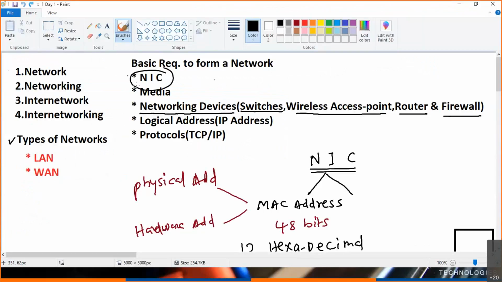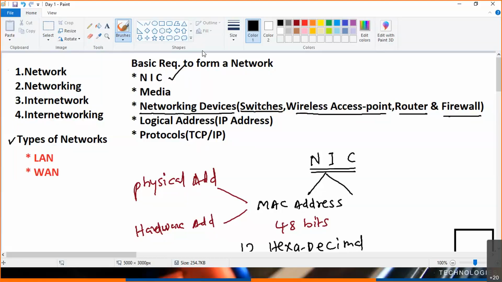In that, we have finished NIC and NIC types, media types, networking devices, and device function, like where we use switch and where we use access point, routers, and firewall. A NIC is an interface card to form a network and has a MAC address, also called the physical address or hardware address.